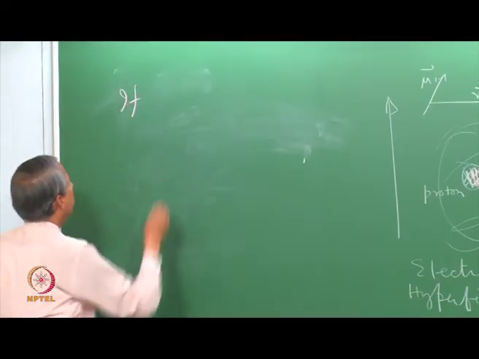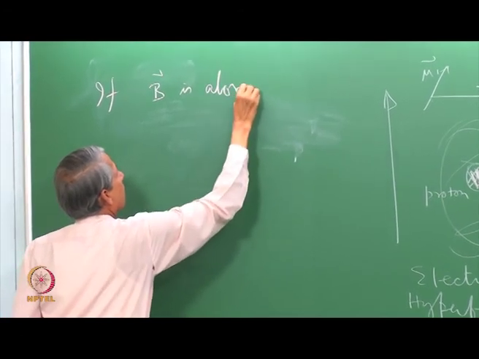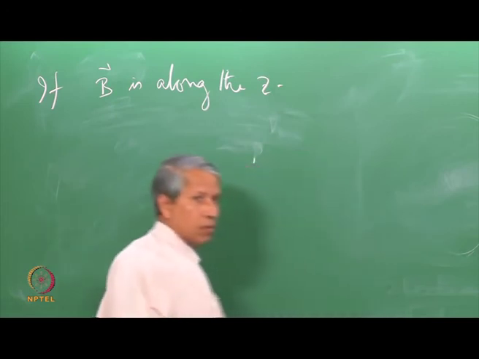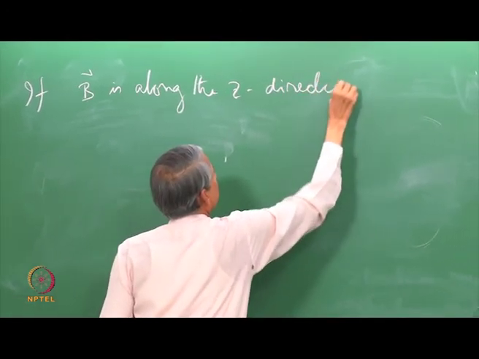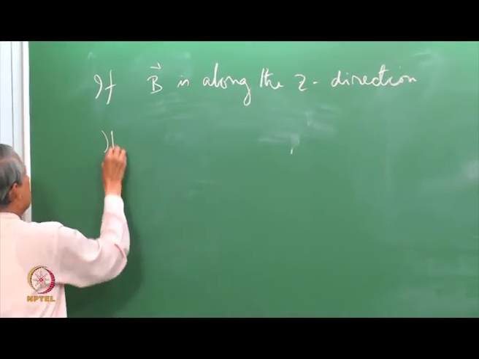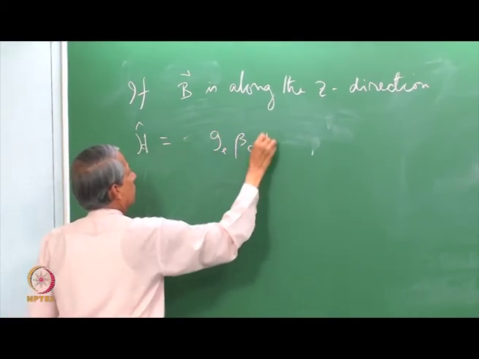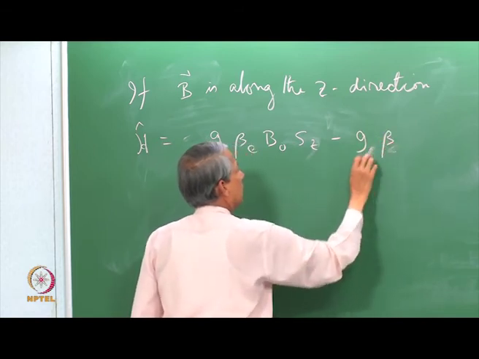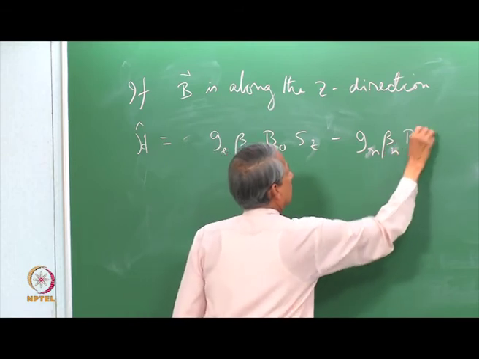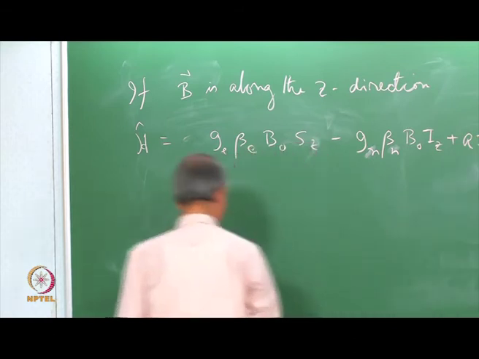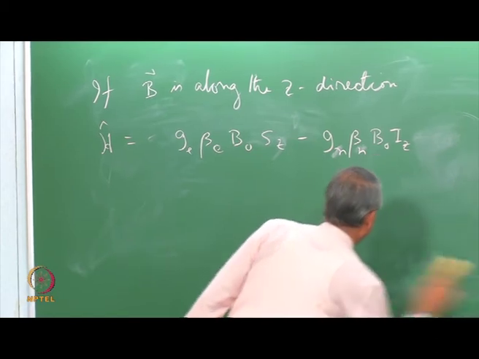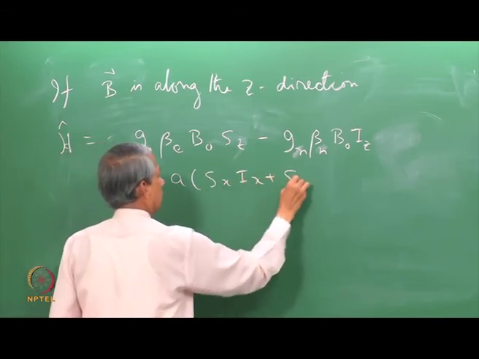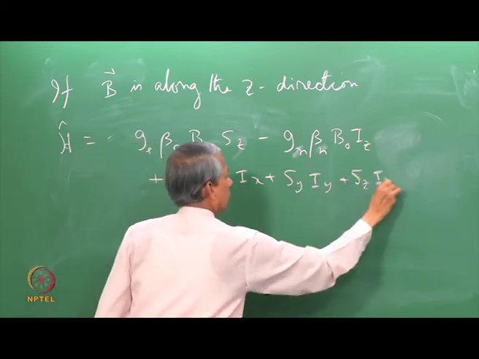Now, if the magnetic field B is along the z direction, then this Hamiltonian operator can be written as B0 Sz minus g_N beta_N B0 Iz, the nuclear Zeeman term, plus A Sz Iz.